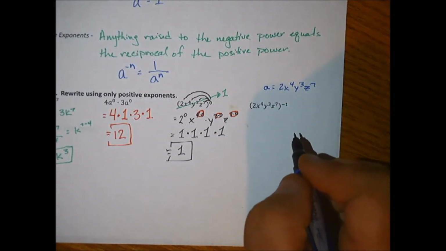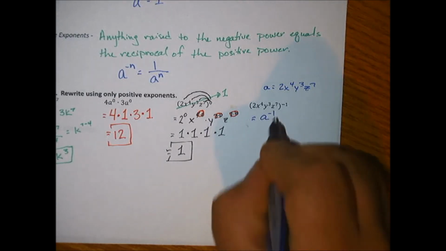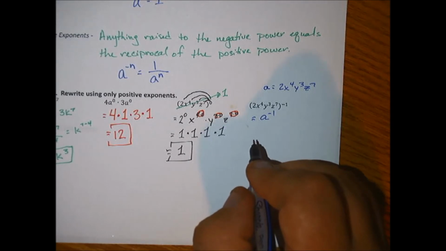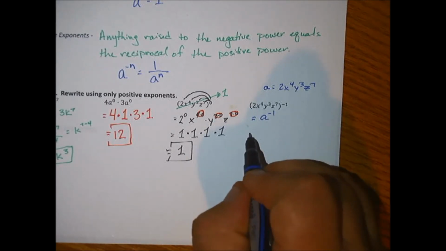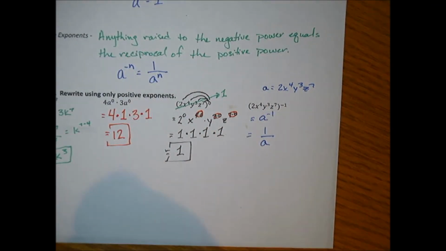And so in this case we would have a to the -1. Well, negative 1 just means put it in the denominator. So I'll have 1 over a.